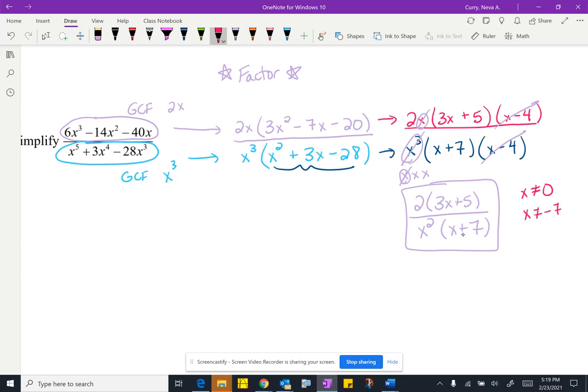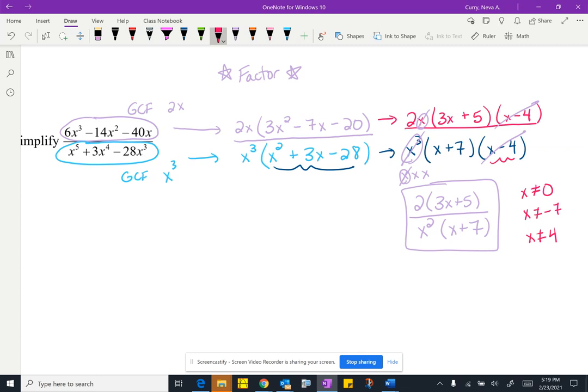And the factor that got canceled right here was in the denominator, so x could also not have equaled 4. We didn't ask for it in our review, however, if it were asked for on a quiz or a test, or on an SAT or ACT type question, you would always want to make sure you reference what the values of x could not be.